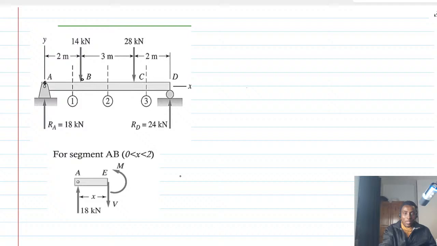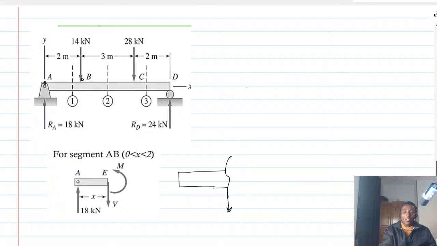So let's take notice of this. Whenever you take a portion, you will bring a moment in this direction, and then shear force will come down. Let me do it this way.